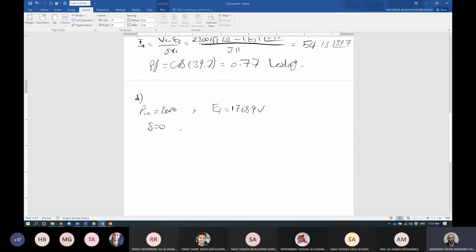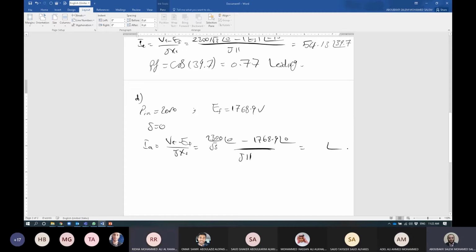So mathematically, we can substitute now in the same equation. We can say now IA equals V terminal minus EF over JXS, right? Yes. So it's now 2300 over square root of 3 angle 0 minus the same value of EF, which is 1768.9 angle 0, over JXS, which is J11.